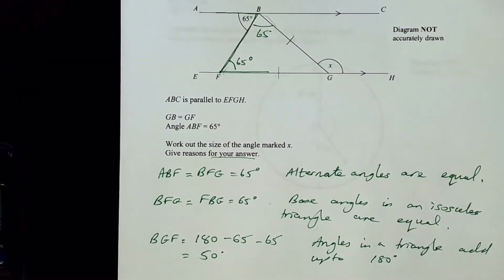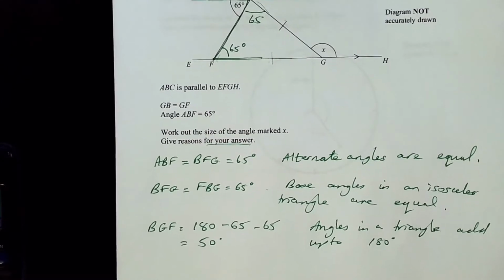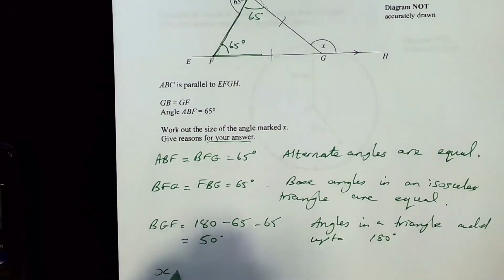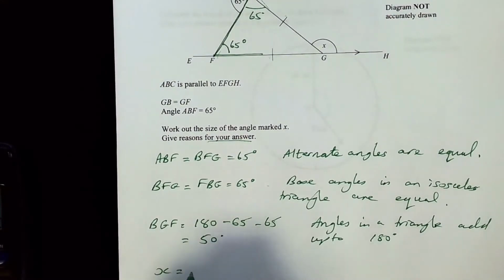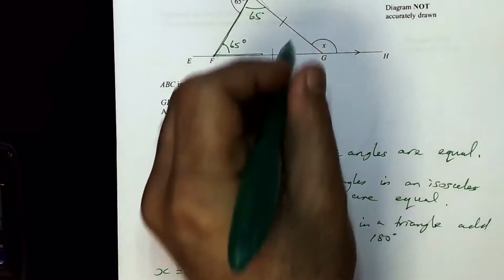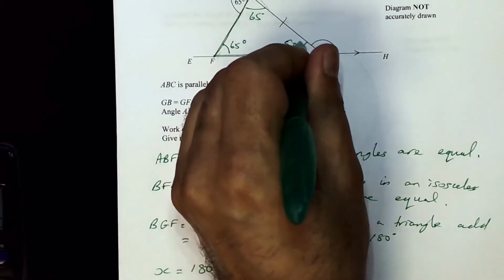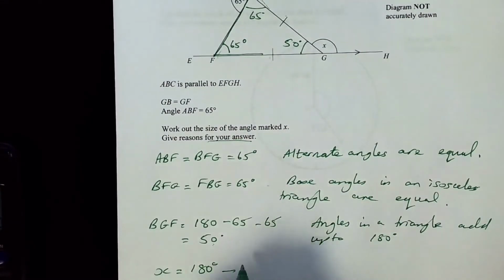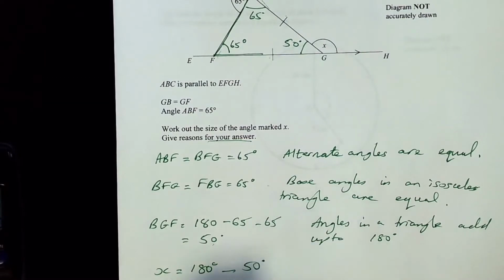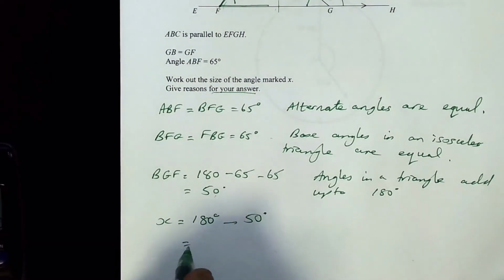And then for the last part, x equals 180 degrees minus this angle, so I can put that on the diagram, 50 degrees. So x is 180 take away 50 degrees, which is equal to 130 degrees.